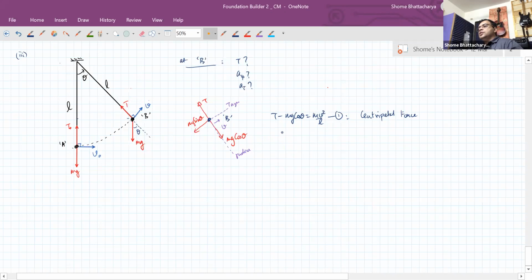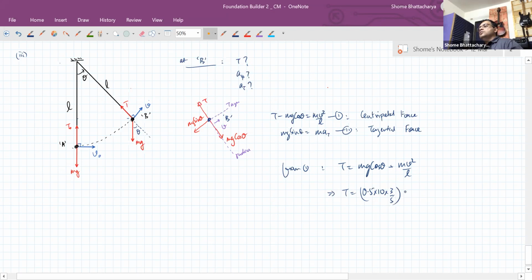And mg sin theta, this is our tangential force equation. Okay, so from equation 1 we can see that tension is mg cos theta plus mv square by L. So 0.5 into 10 into 3 by 5, okay, plus 0.5 into, now remember V square was, or basically V had come out to be square root of 2.4.